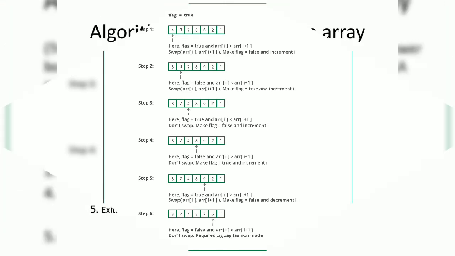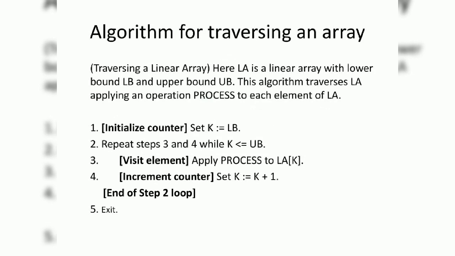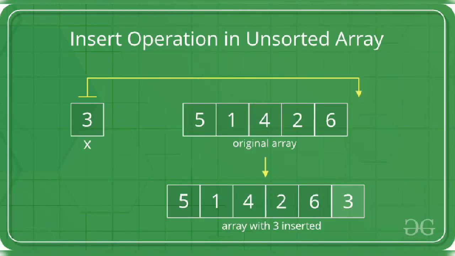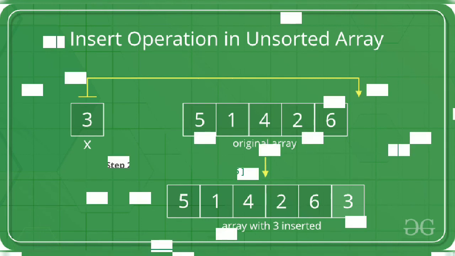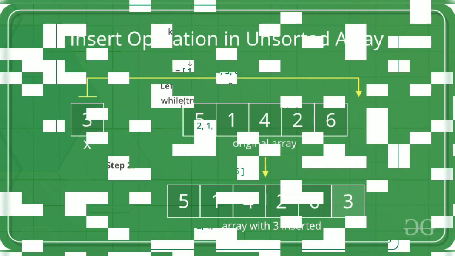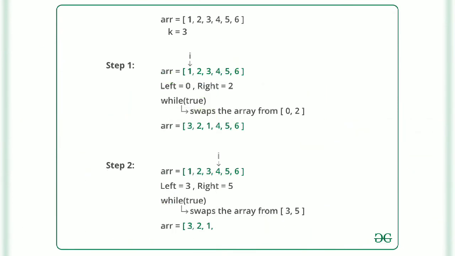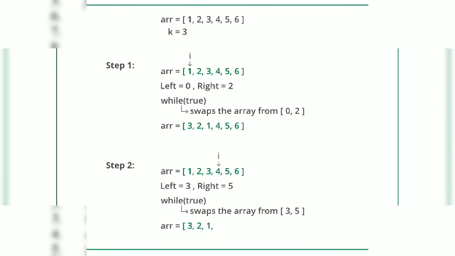While I2 less than or equal to U2 do. 10. A[I] equal to A2[I2]. 11. I equal to I plus 1, I2 equal to I2 plus 1. 12. End while. 13. Stop.